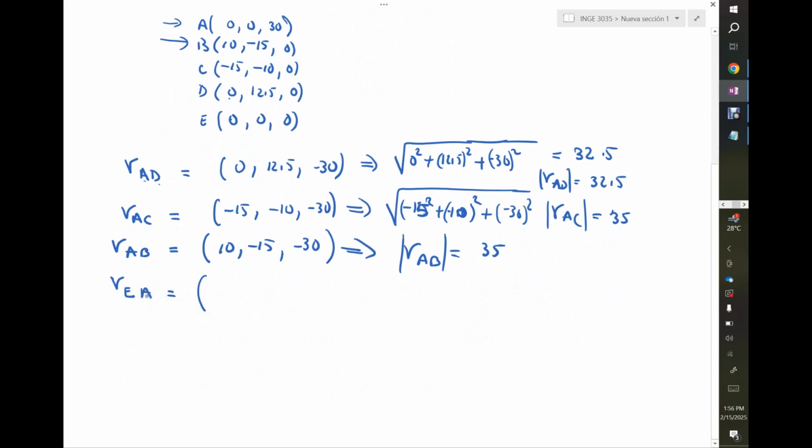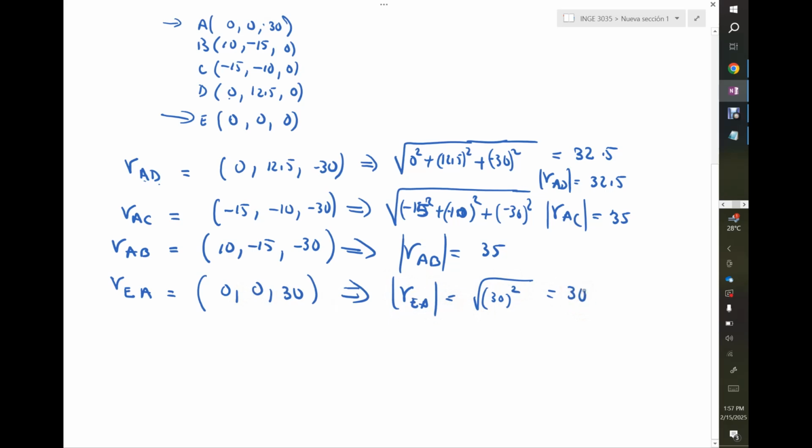So it's going to be this one minus this one. The first one is 0, the second one is also 0, but 30 minus 0 would be 30. Now it's interesting, the magnitude of this guy is obviously 0, 0, so it's going to be 30 squared. The square root is obviously 30. We are back in business.